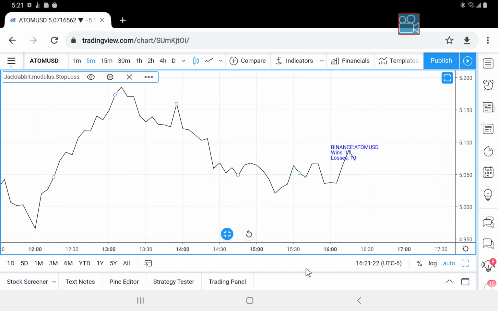It does not allow accumulation. Now, this particular coin is going to do a profit. 17 wins versus 10 losses. 7 by 0.5% is 3.5% profit overall. Not bad.